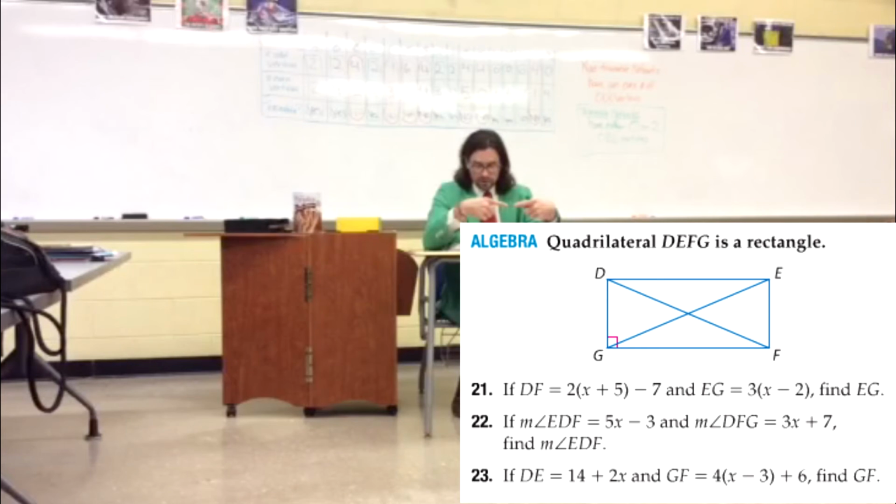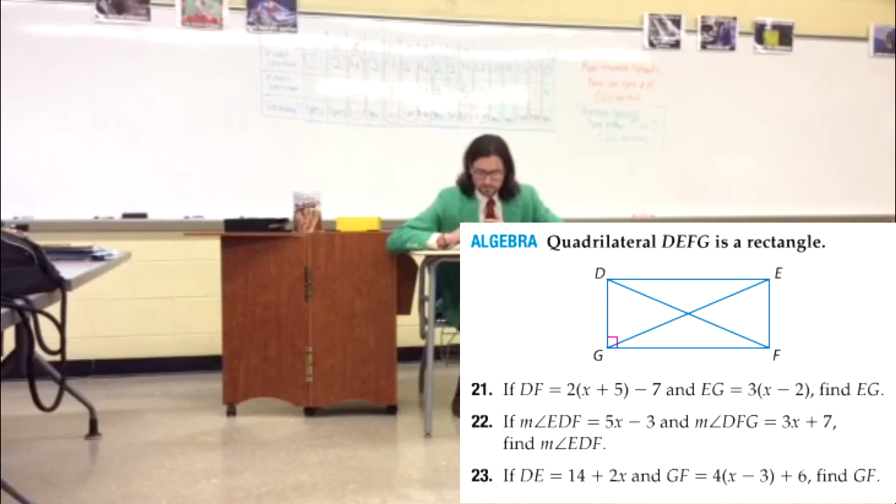So in 21, you have DF and EG. What property, Suraj, of a rectangle could you use in number 21? What do you know about DF and EG?